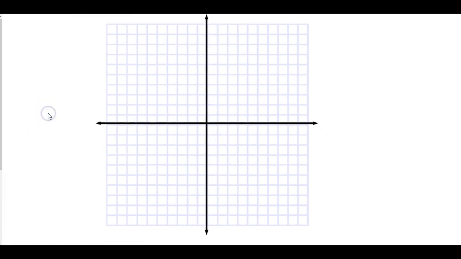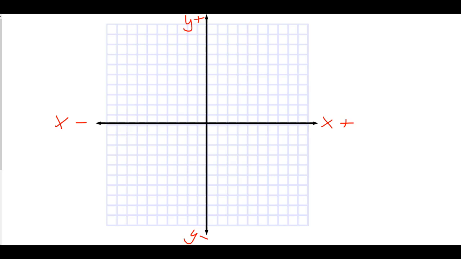Okay, so which one's the x-axis, first of all? Just a quick review. Yeah, so this is x plus, right? The positive side, so this is x minus, and then up here would be the positive y and the negative y. Which one is quadrant 1?